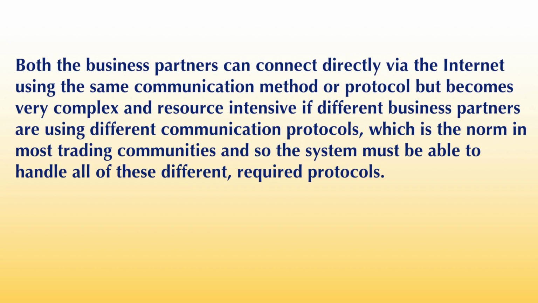Both the business partners can connect directly via the internet using the same communication method or protocol, but it becomes very complex and resource intensive if different business partners are using different communication protocols, which is the norm in most trading communities, and so the system must be able to handle all of these different required protocols.